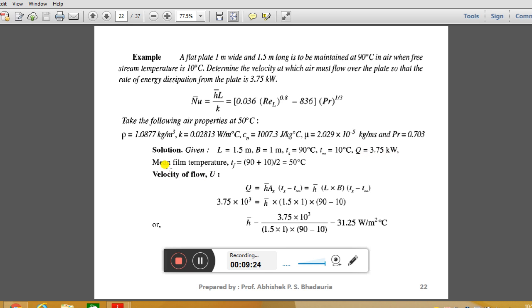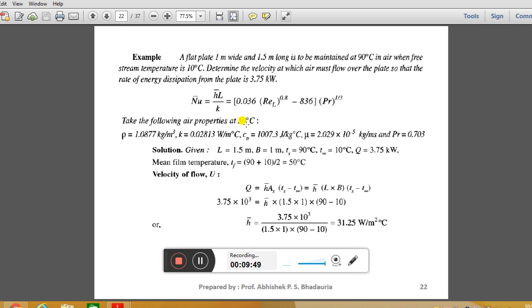Now calculate the mean film temperature. The mean film temperature is the average of the surface temperature and ambient temperature, that is (90 plus 10) divided by 2, so it is 50 degrees centigrade. The thermophysical properties are already given in the problem at the mean film temperature.